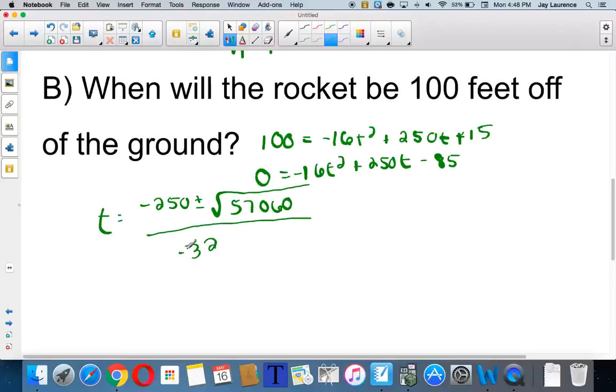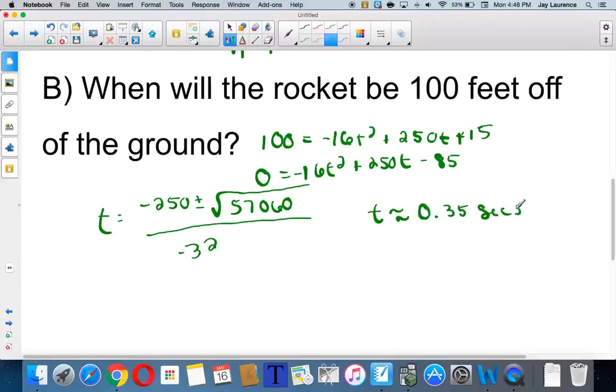And so I'm going to have negative 250 plus the square root of 57,060. And I divide that by negative 32. And then t is going to be about 0.35 seconds. I rounded to the nearest hundredth.